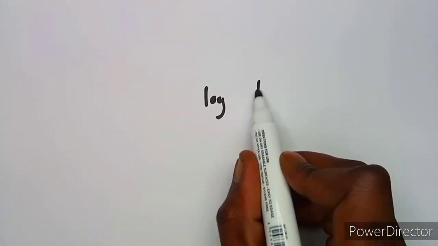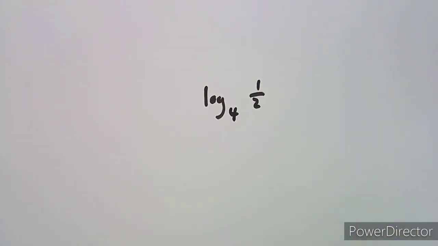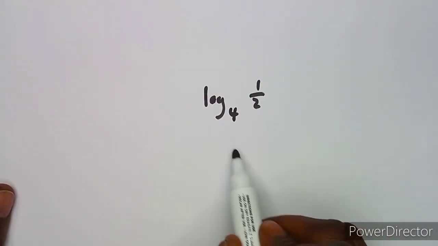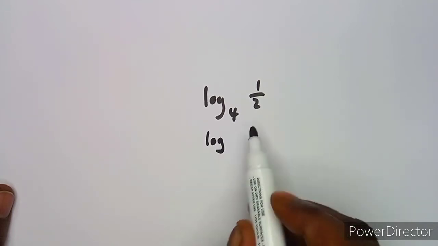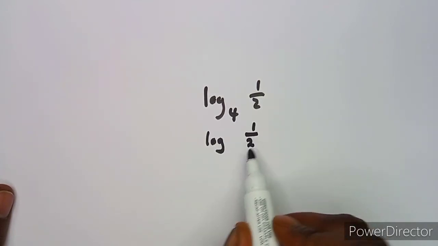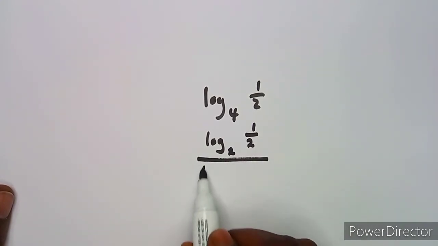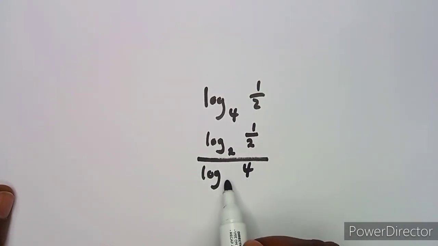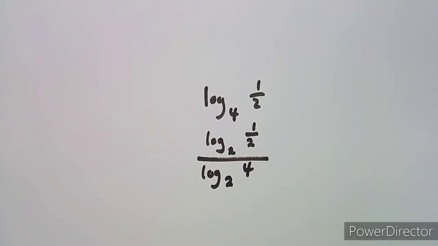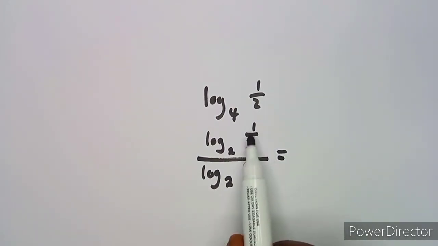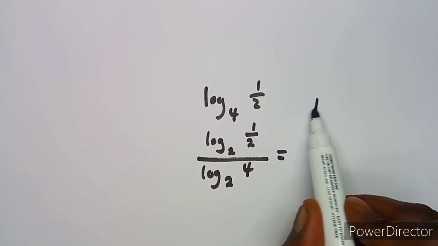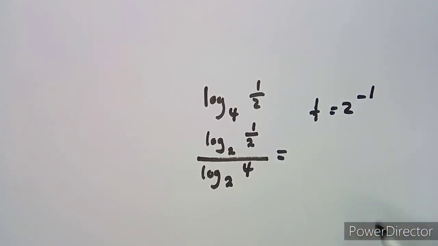So what do we obtain from log 1 over 2 in base 4? How do you simplify this? Remember, we can write this as log 1 over 2 in base 2 over log 4 in base 2. You just need to write in a simpler base, of which you can use base 2. That is from our laws of exponents. 1 over 2 is the same as 2 to the exponent of negative 1.